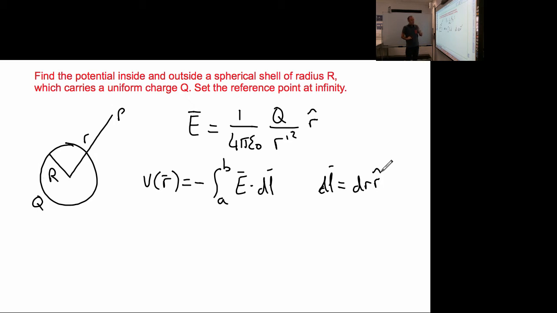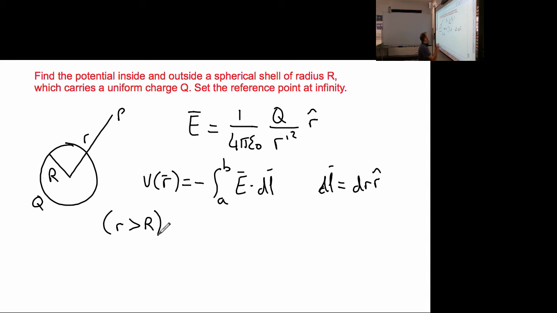Okay, so what do we get for points outside of the sphere? For points outside of the sphere, little r is going to be greater than big R. And we said the reference point is at infinity.